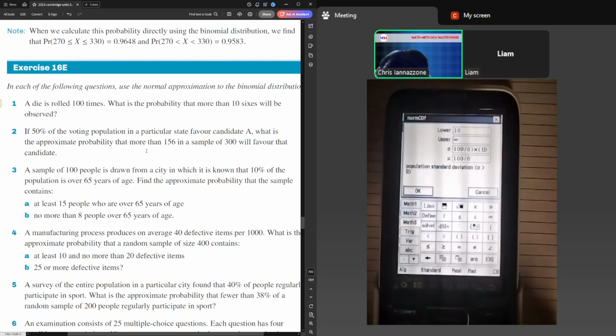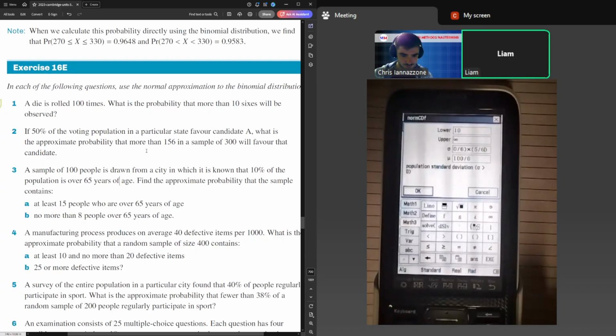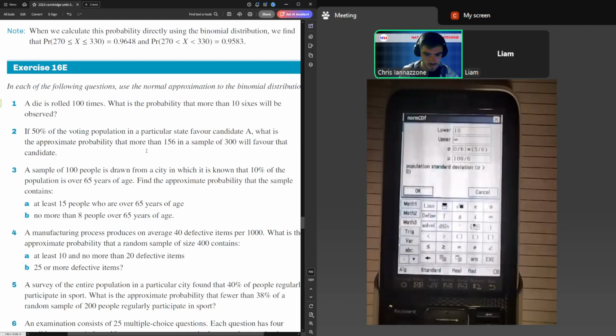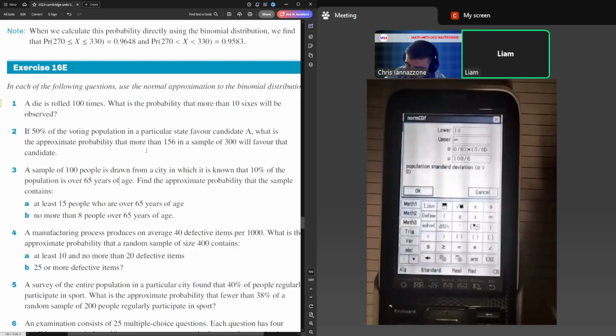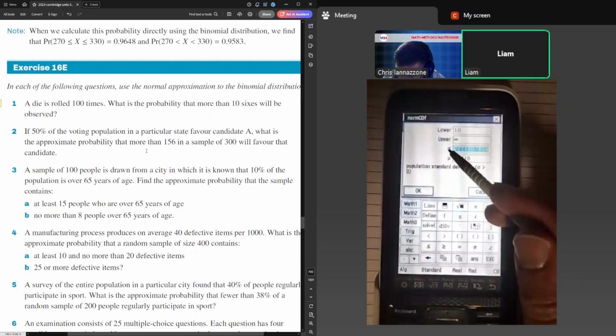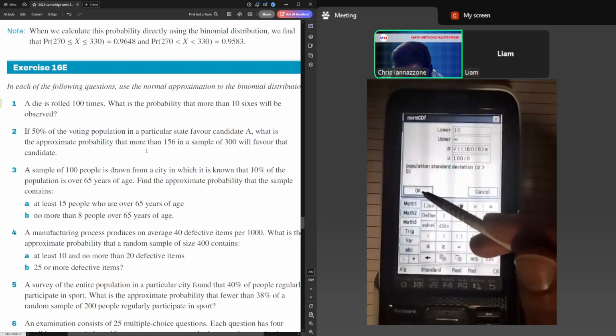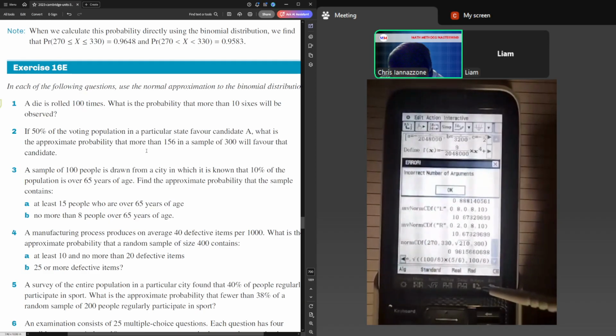So 100 over 6 times 5 over 6, which is the root of 500 over 36. Yeah, that sounds about right. I would just do it all in one line in here. It's not too crazy to do that. You just hit OK on that.